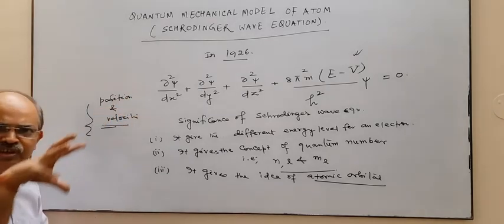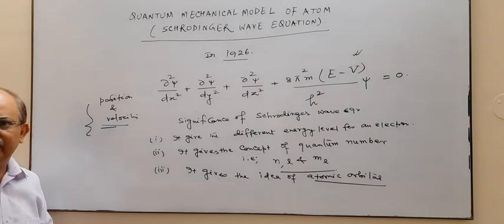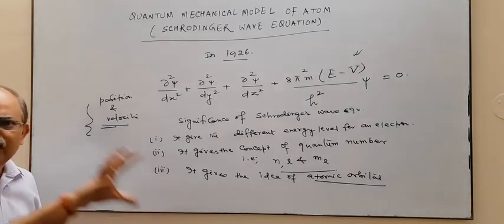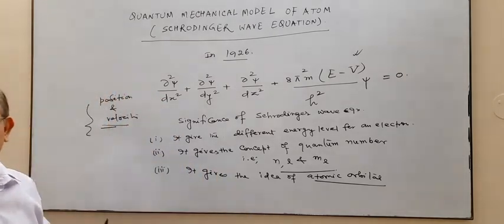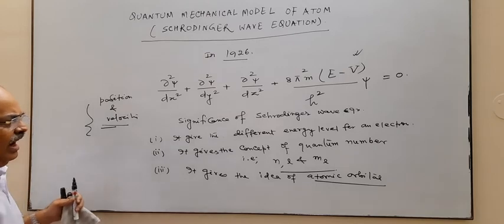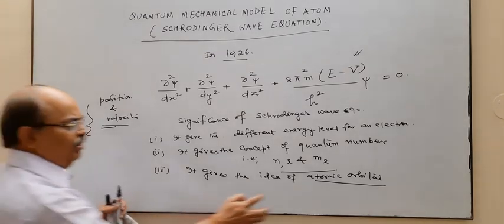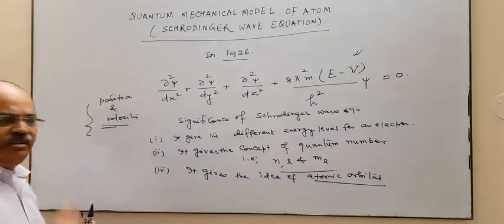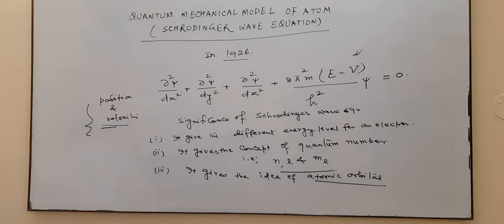Since their position and velocity are not accurate simultaneously, we have a probability of finding the electron. So it is related with probability, and that's why the electron probability will refer to the atomic orbital.